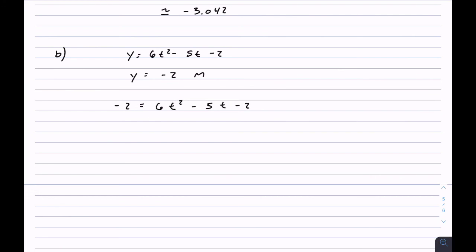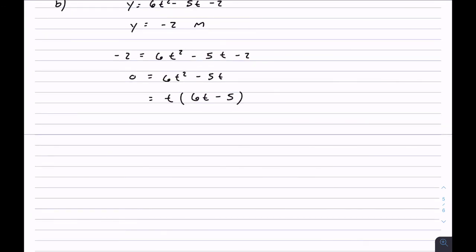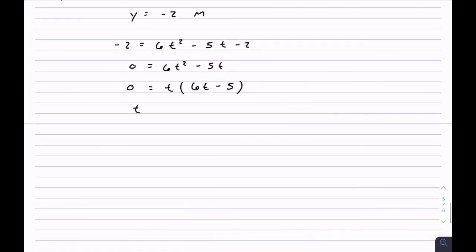So either t is equal to 0 or t is some time that has passed. This gives us 0 is equal to 6t squared minus 5t, which is t times (6t minus 5). In order for this to be true, t must be either 0 or 5/6.